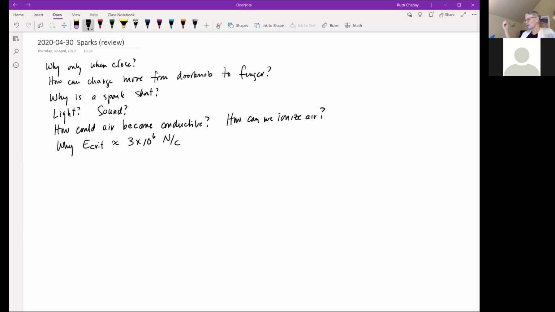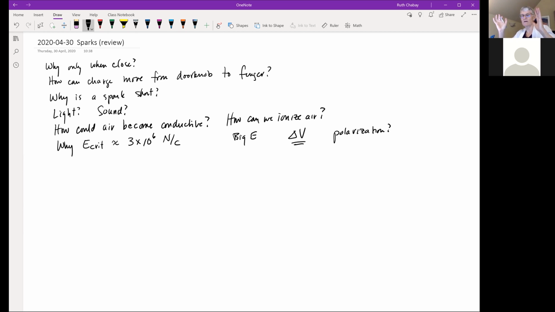There's a suggestion that we need a big field, and so we need a big field. A suggestion that we need to think about potential difference. That's a good guess. And somebody's talking about polarization and the finger and the doorknob polarizing each other, and that's going to be important too.